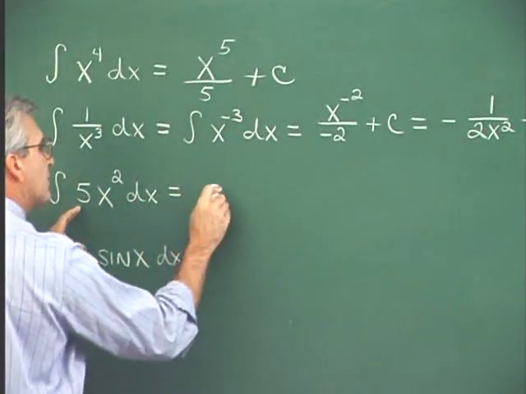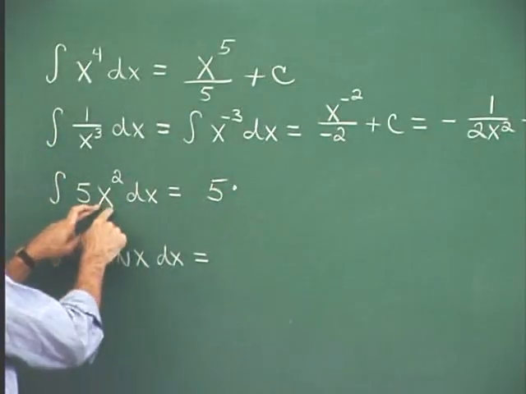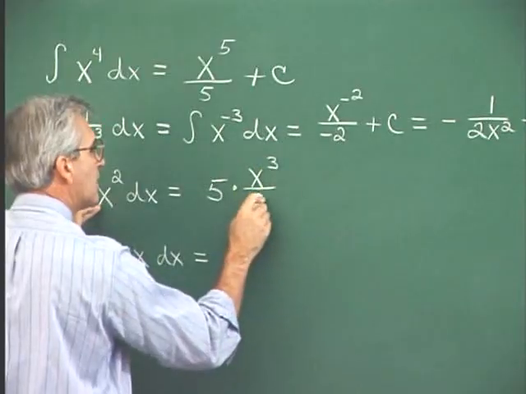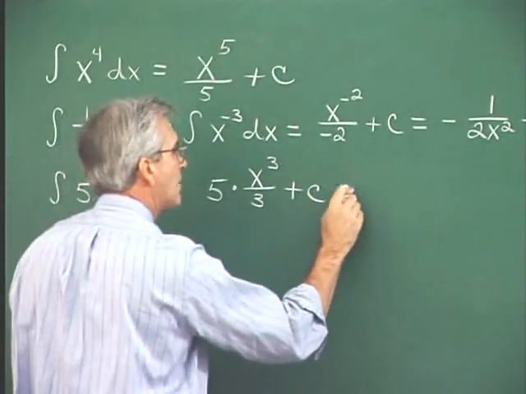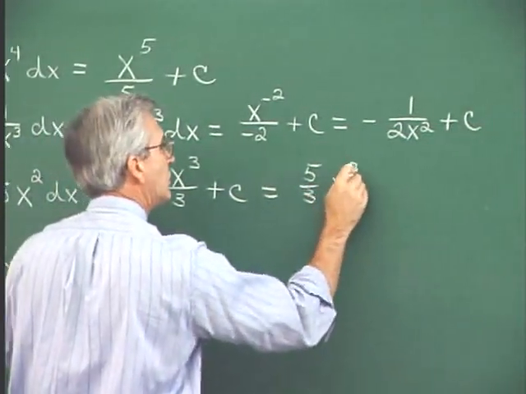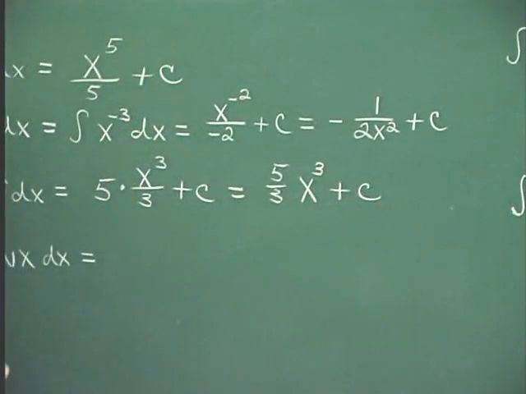So it's just 5 and then times, you see, 5 times, now integrate here, and we have x cubed over 3, and then plus c. And it streamlines the process quite a bit. So we have then 5/3 x cubed plus c. Similar to what we had before, but a little bit faster.